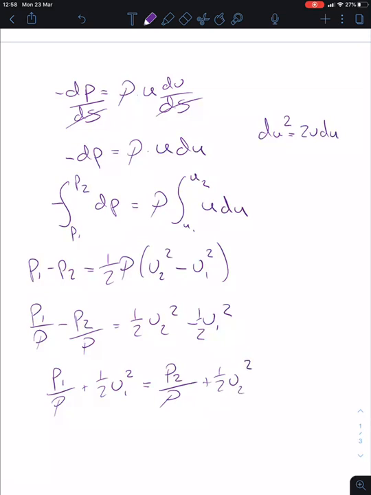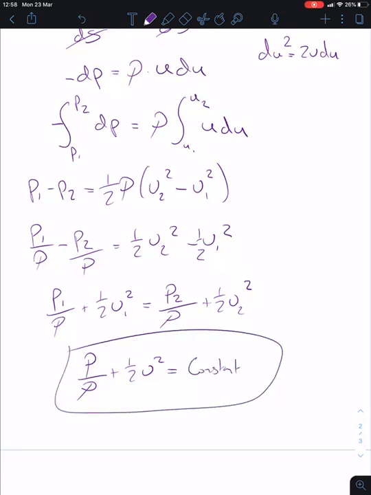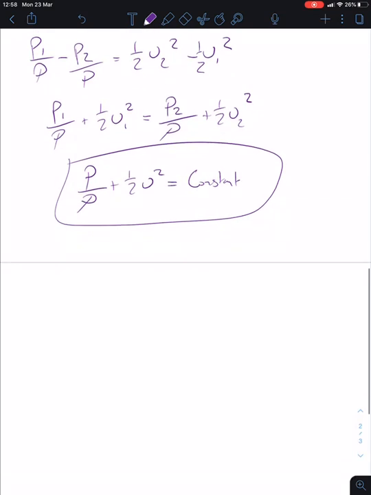Okay, because we've chosen positions 1 and 2 completely arbitrarily, what this tells us is that the pressure over the density plus a half times the fluid velocity squared must be a constant at any point along the stream tube. This is the basic version of Bernoulli's equation, where we've assumed there's no elevation change of our streamline.